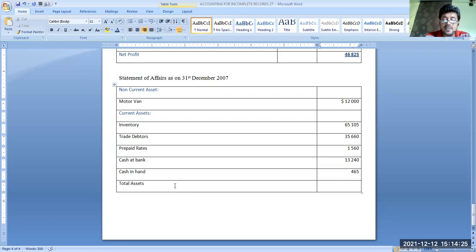Starting from non-current 12,000 plus 65,105 inventory, sorry, I made a mistake, plus 35,660 plus 1,560 plus 13,240 plus 465. 128,030 total assets. Okay.